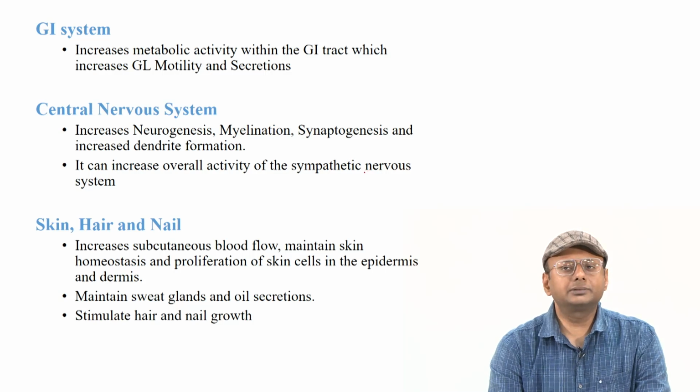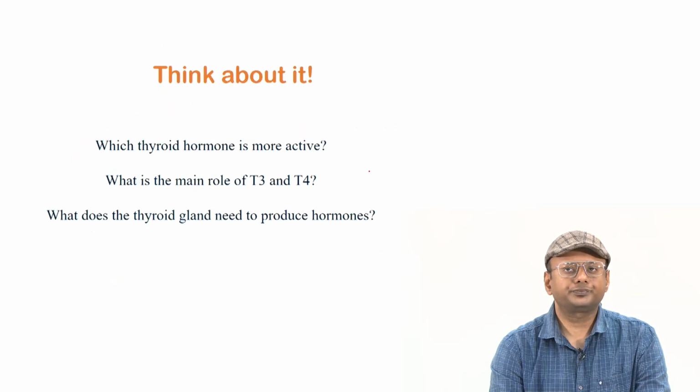It can help increase subcutaneous blood flow, maintain skin homeostasis and proliferation of skin cells. It also stimulates the sweat glands and oil secretion, and stimulates hair and nail growth. So, as you can see, thyroid hormones have so many applications in terms of metabolic activity, along with the nervous system and growth.